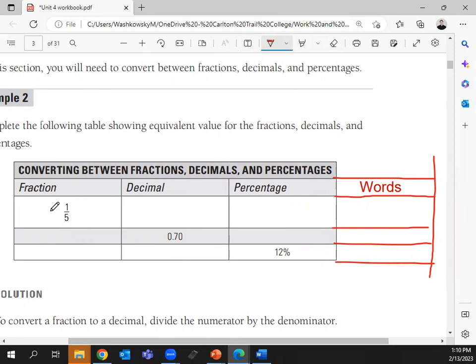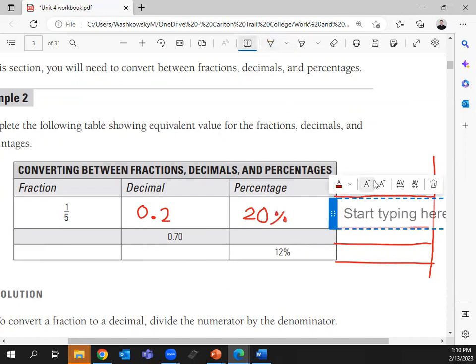They said that, hey, the odds of getting this thing is 1 in 5. That's the same thing as 0.2. Your calculator can spit that out for you. That's the same thing as 1/5. That's 20%. We've learned how to do that. For words, there's a couple ways to do it, but 1 in 5. All of these 4 things mean the exact same thing.